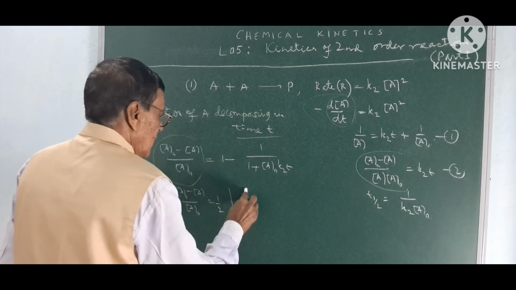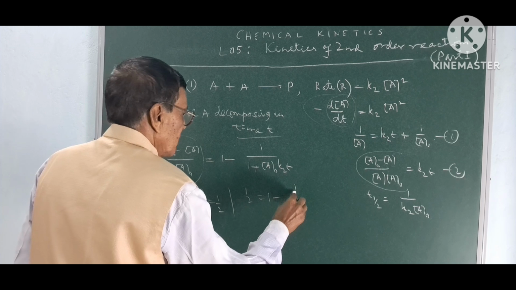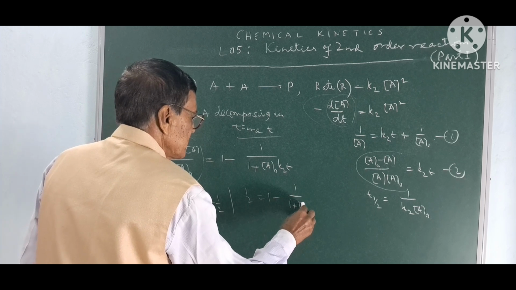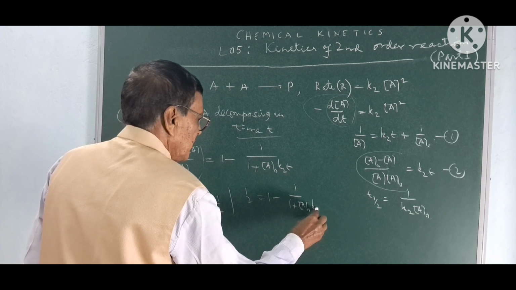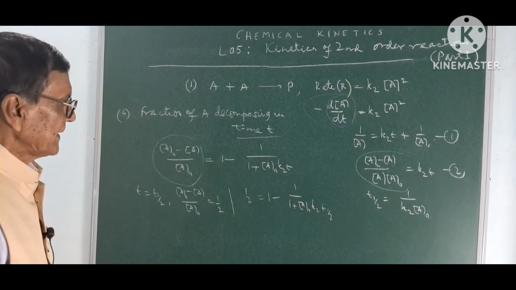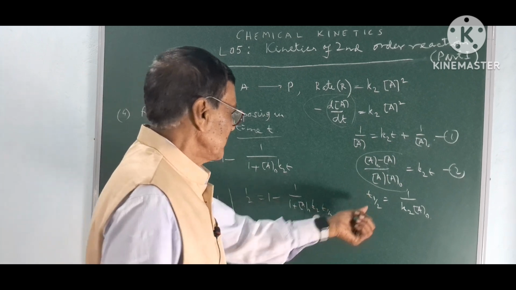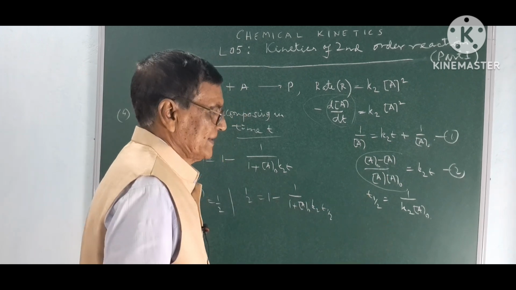So half equals 1 minus 1 by 1 plus A naught and K2 and T half. If you solve this mathematically, you will get T half equal to this.